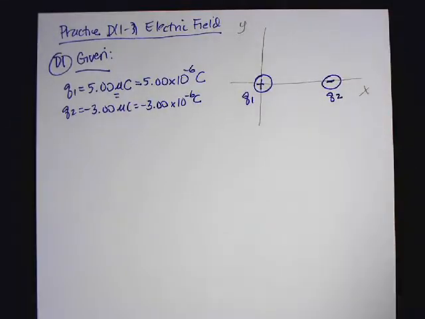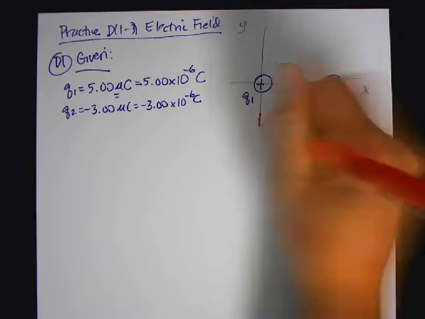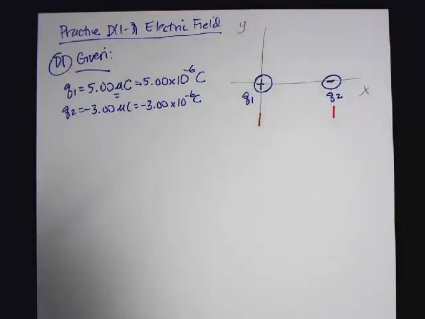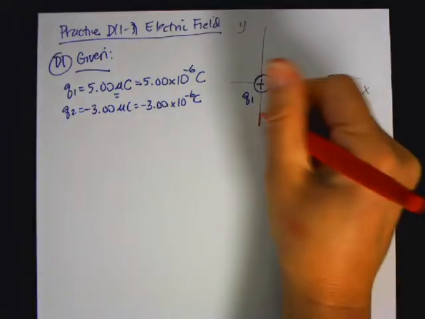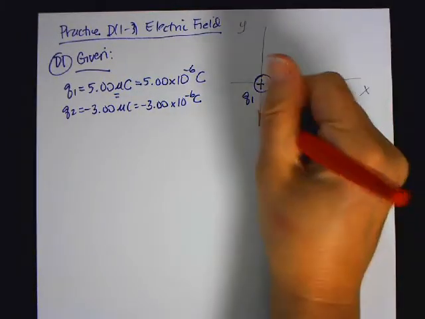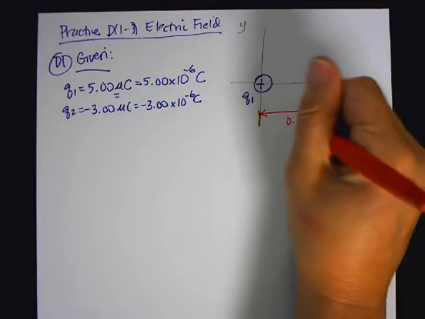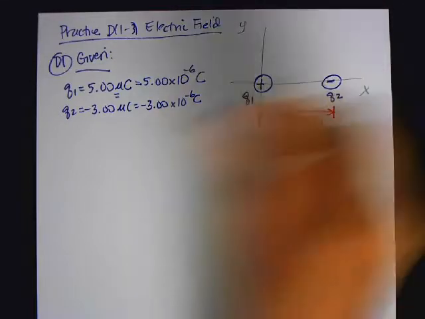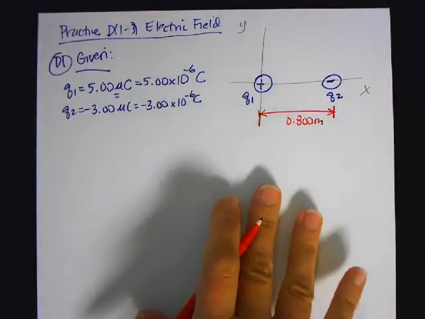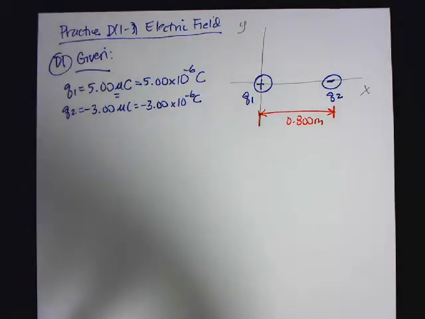On my picture, I'm going to show how far apart these are. So the distance between these two charges is equal to 0.8 meters. And when I write my given and I do my picture and I have all my information, then when I'm doing the math, it's easy because I can go back and look at everything.